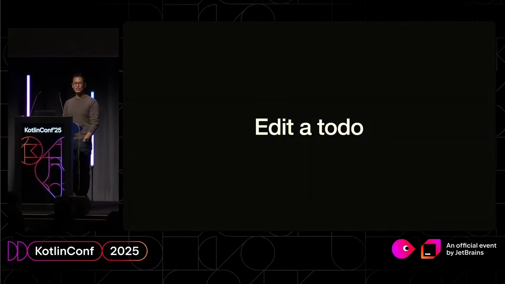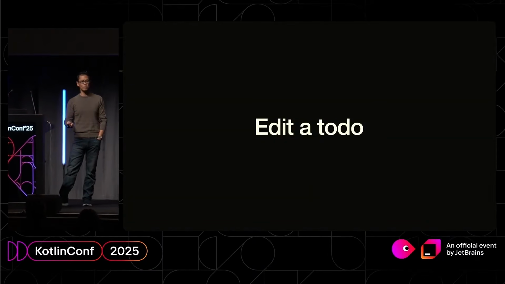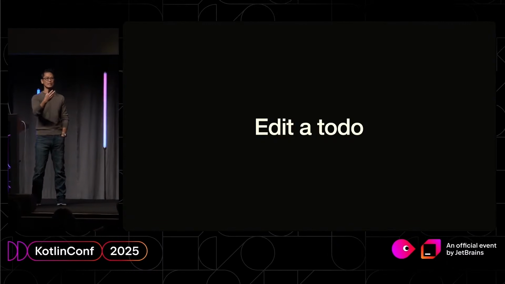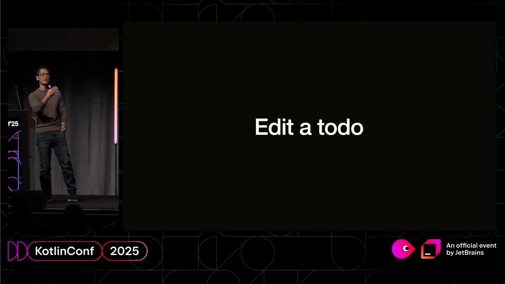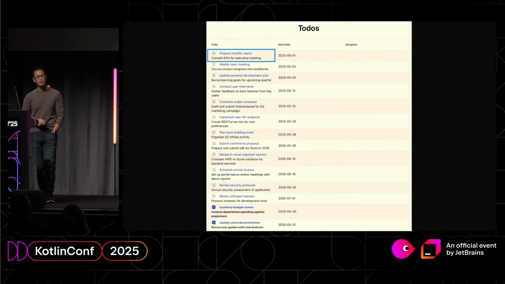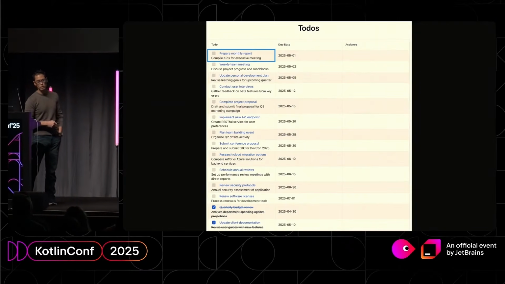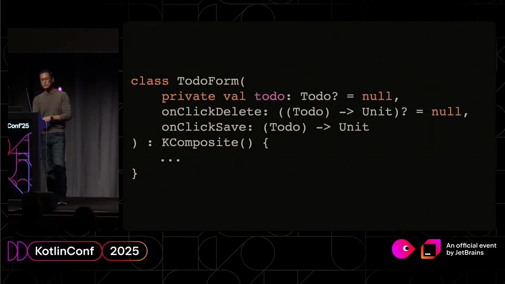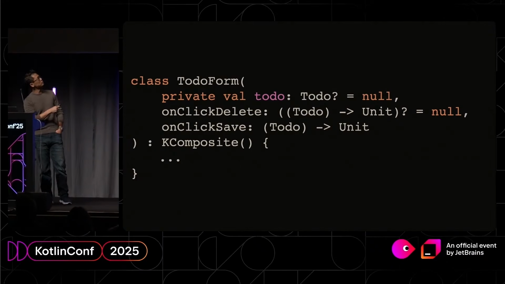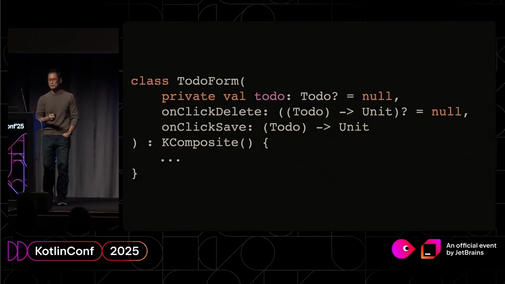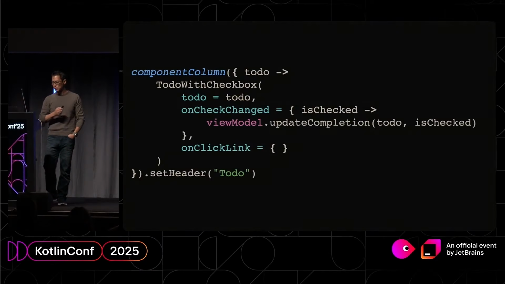All right, editing a to-do. Again, pretty straightforward. The only difference here is that you're going to be passing in which to-do was clicked, right? You're going to say, hey, this one is the one I want to edit. So this link up there is what you're going to go for. Just to remind you, this is what our signature is. We are going to pass in a to-do this time. So this is what that looks like.